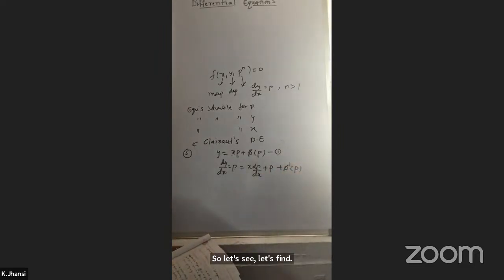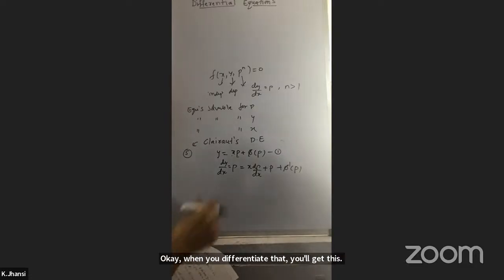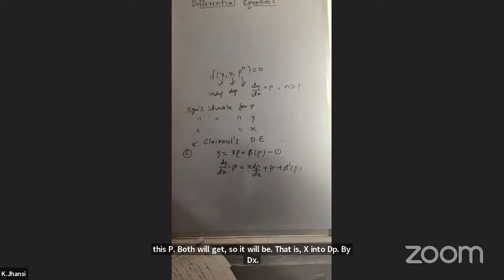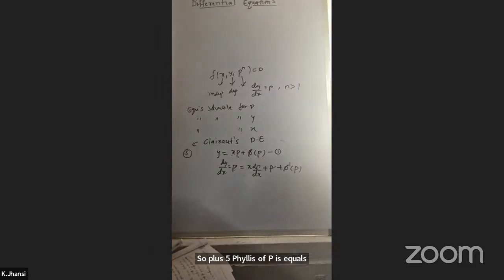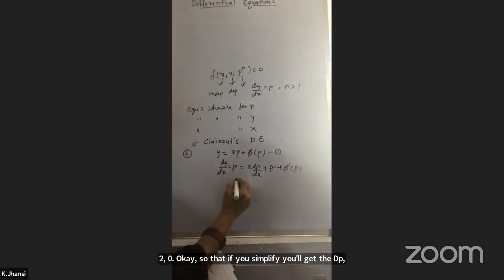Okay, when you differentiate that, you will get this, and here the p and this p both will get cancelled. So it will be x into dp by dx plus phi dash of p is equal to 0. Okay. So if you simplify, you will get dp by dx equal to 0.